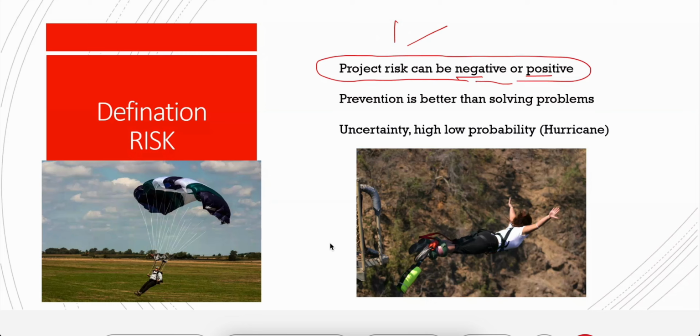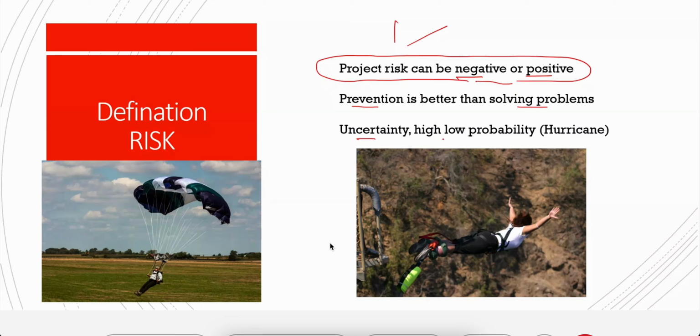So make sure you understand risks are not all negative; they're positive as well. Prevention is better than solving problems. You don't want to catalog all your risks. You want to make sure you don't have them. So prevention is always preferred over solving for risk.